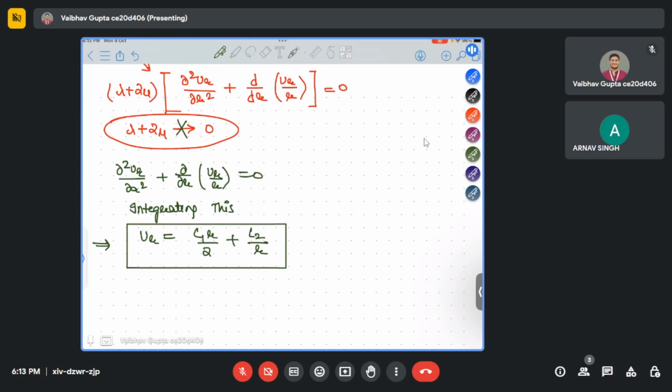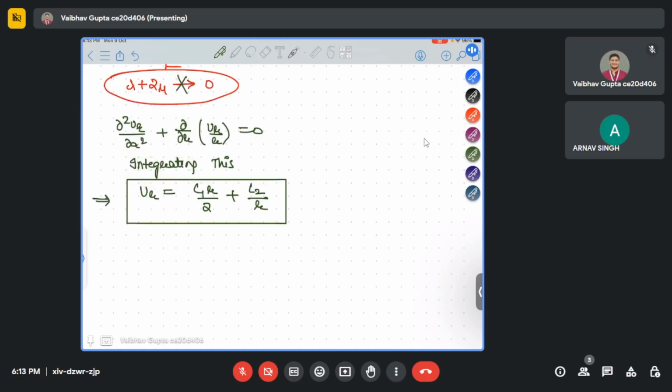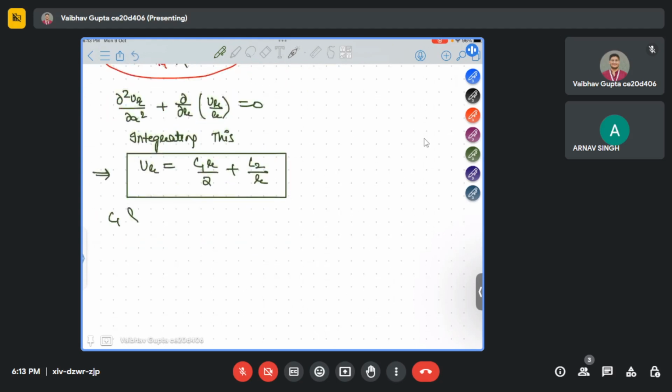What is ur? Radial displacement. Now c1 and c2 are constants. How to find these constants? That is a question. For this, the fifth step is to apply boundary conditions.